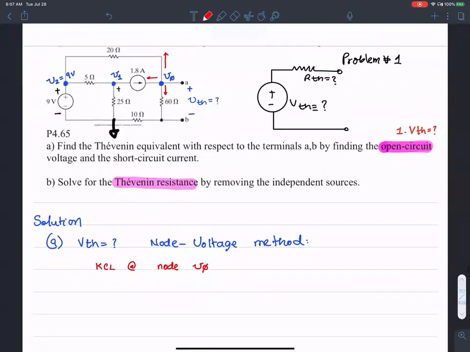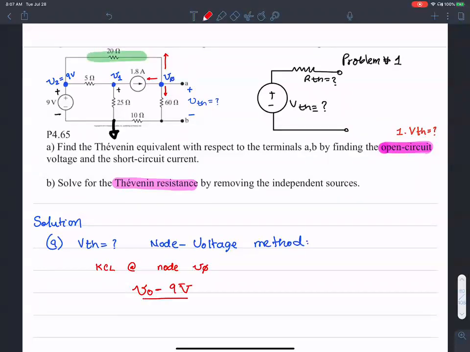The current going north is V0 minus 9 volts by 20 ohms. That's the current in this branch over there.